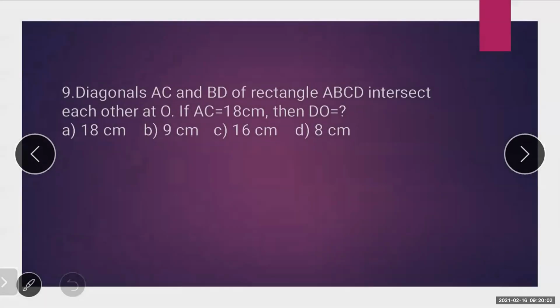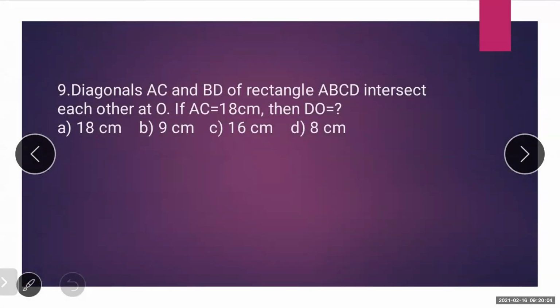Next, diagonals AC and BD of rectangle ABCD intersect each other at O. If AC is equal to 18, then DO is equal to what? That means you have to find it out. I have not drawn the diagram because I need to explain, so now I will draw it. Suppose this is rectangle ABCD.